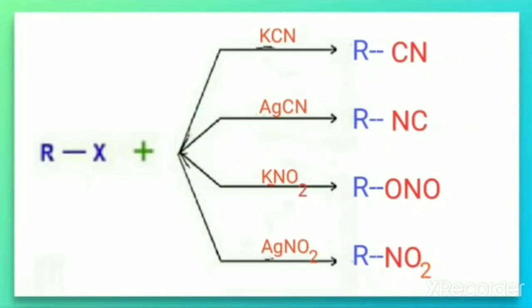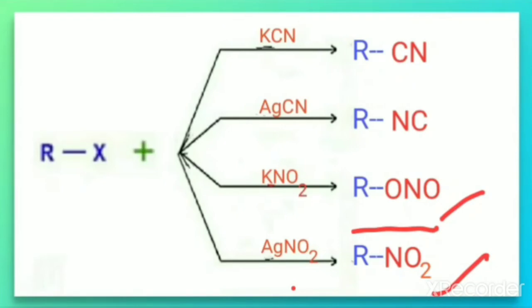RX when treated with KNO2 gives rise to the product RONO. That is a nitrite group, that is ONO is a nitrite group, and it forms a product called alkyl nitrites. But when it is treated with AgNO2, it gives rise to RNO2, where NO2 is a nitro group.